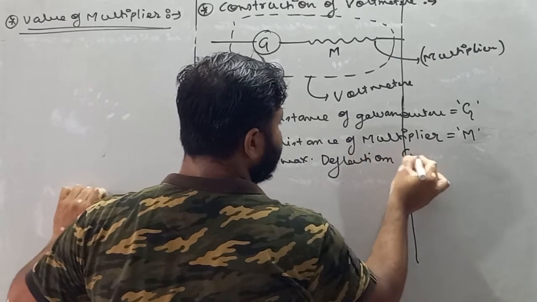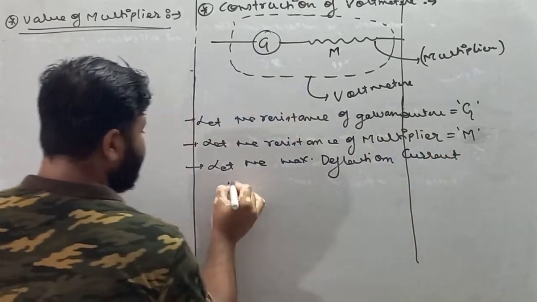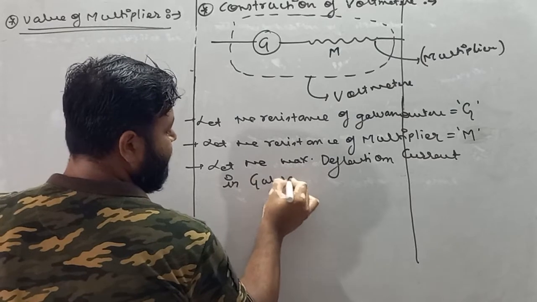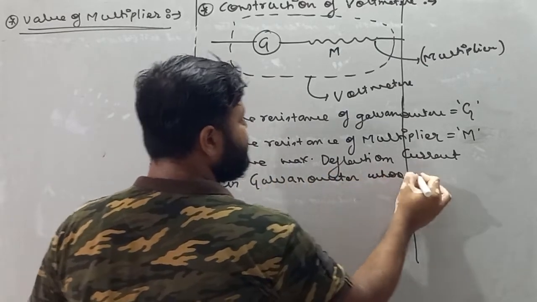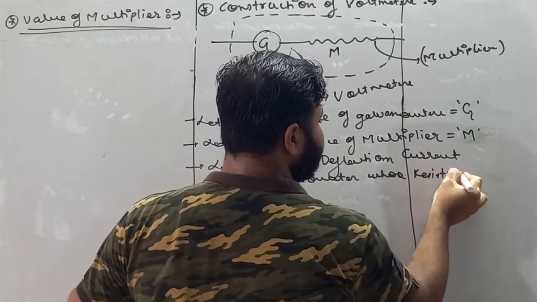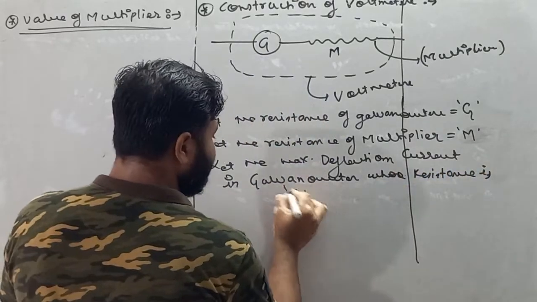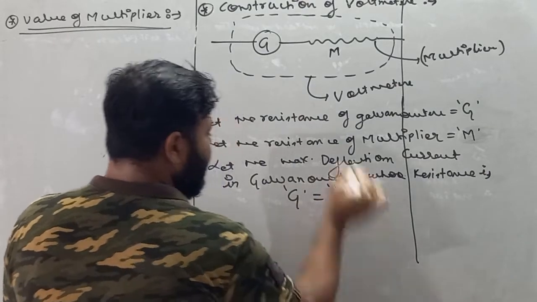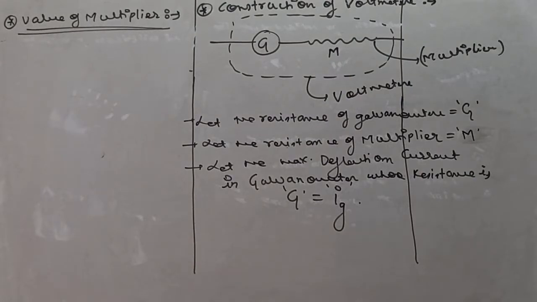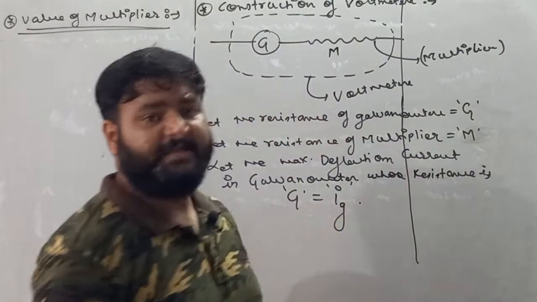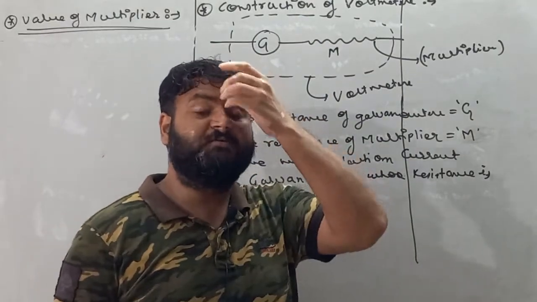Let the maximum deflection current in galvanometer whose resistance is G be equal to Ig.